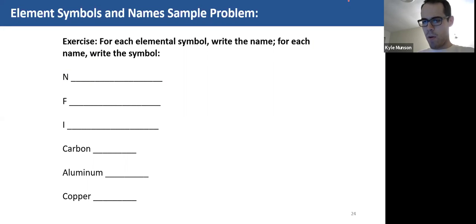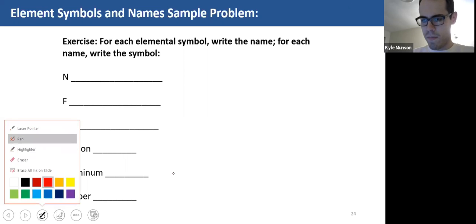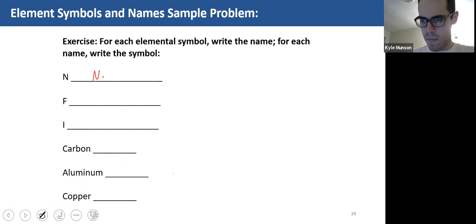Okay, so what do we think here for the first one? So again, if you go back on the chart, you can find that this is nitrogen, okay?